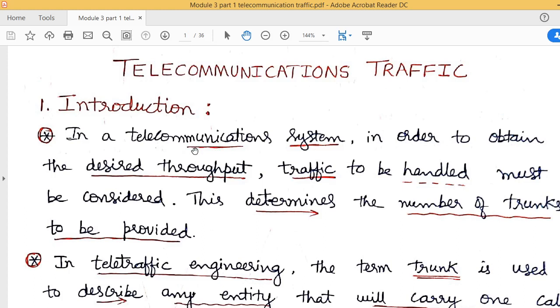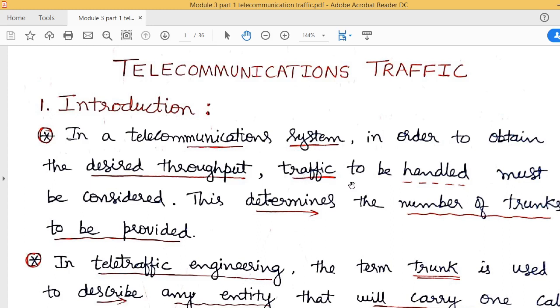So we know that in a telecommunication system also we need to obtain a desired throughput. Throughput basically deals with what amount of data is transferred from one end to the other end without any loss. So when we are dealing with a telecommunication system, the traffic handled by the system is also very important.